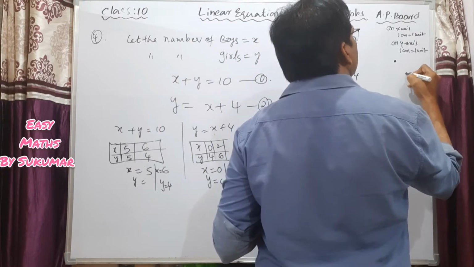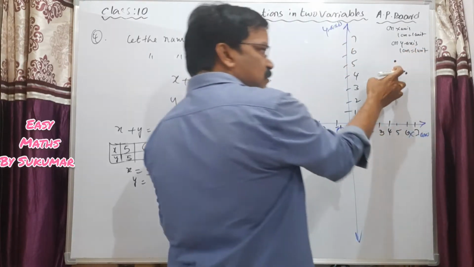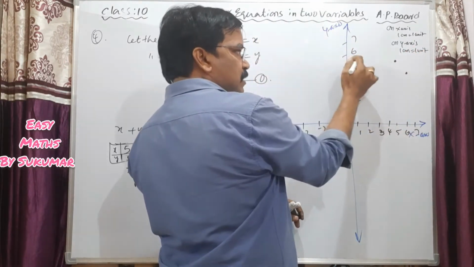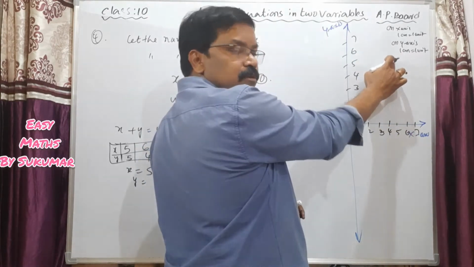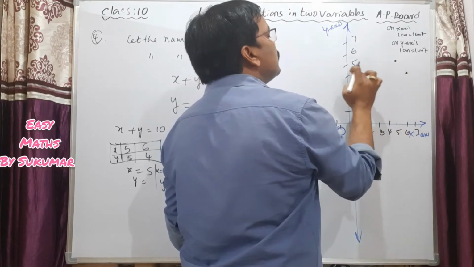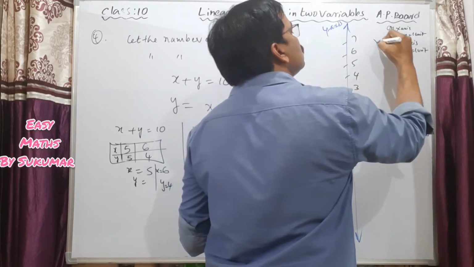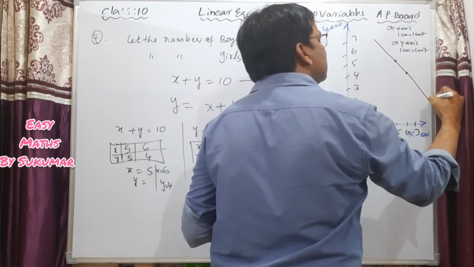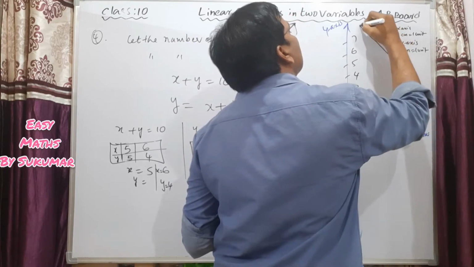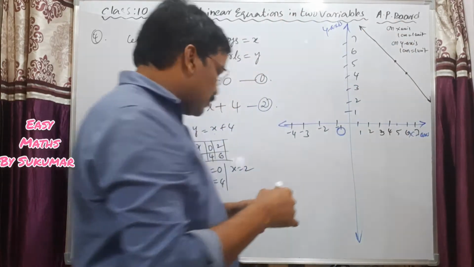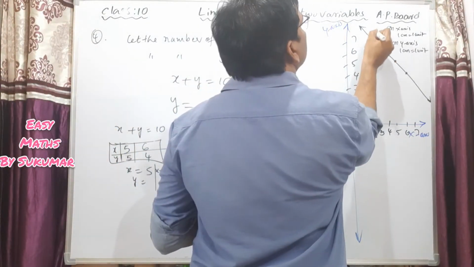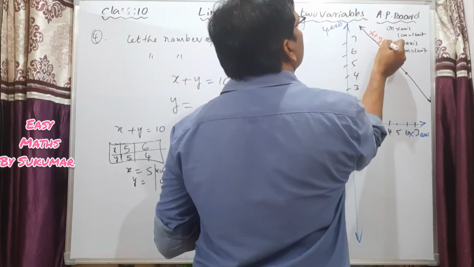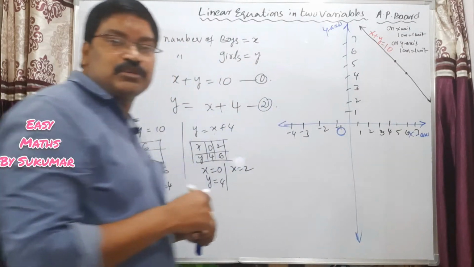So just join these 2 points. It is a straight line. So this is the graph of x plus y is equal to 10, a linear equation.